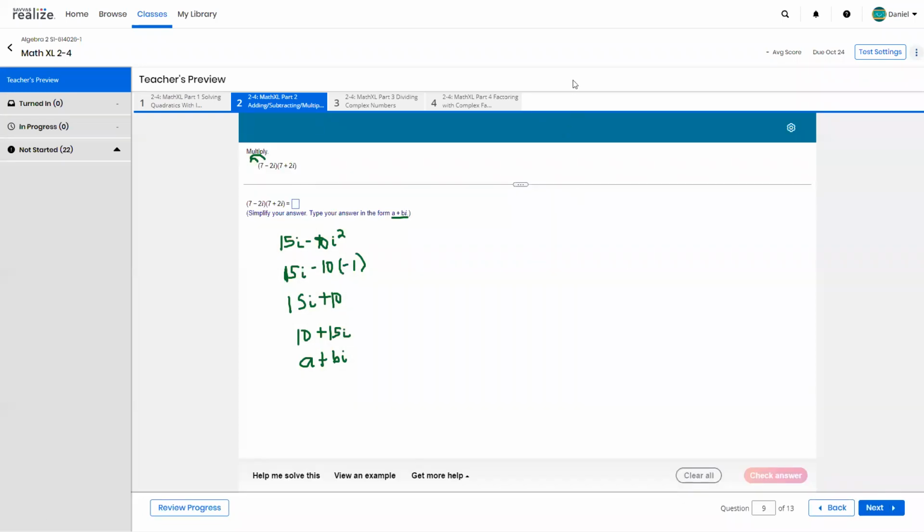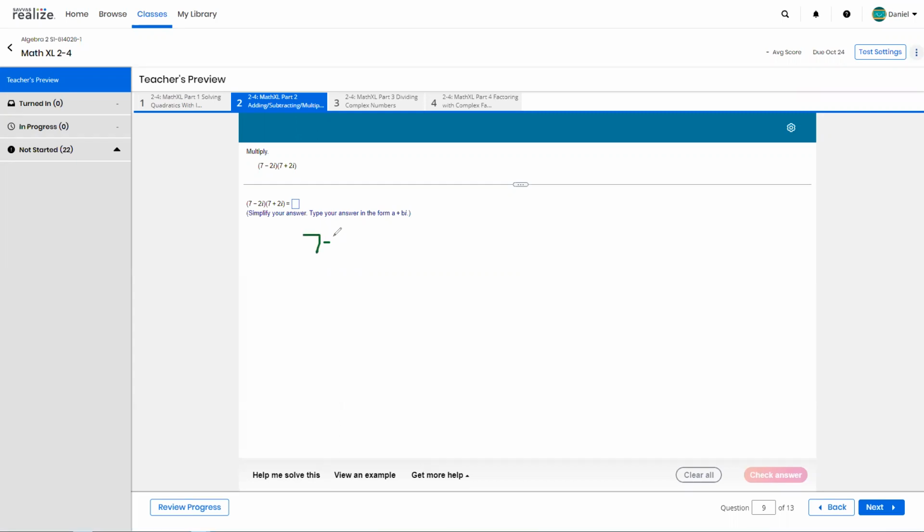All right, let's do one more multiplication one here. I'm doing binomial distribution, just like I would do with x. So 7 minus 2i times 7 plus 2i. Let me write it out here. This again is going to be exactly the same as 7 minus 2x times 7 plus 2x.